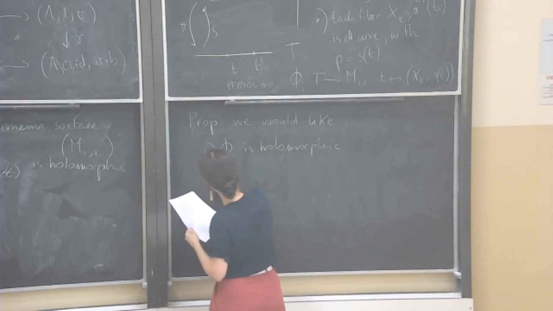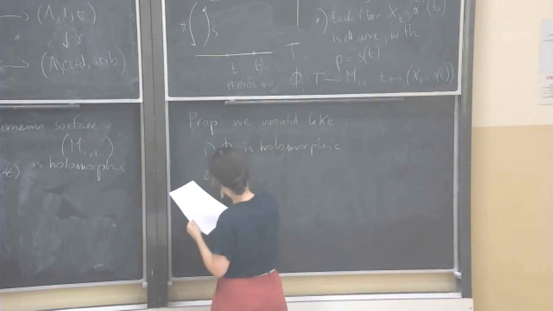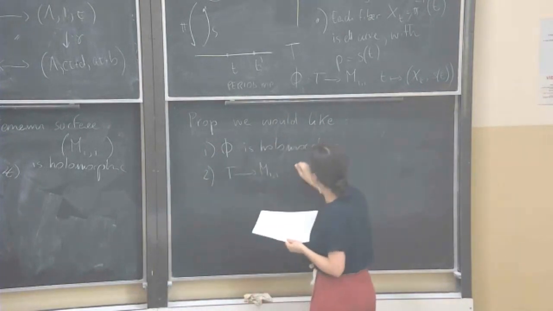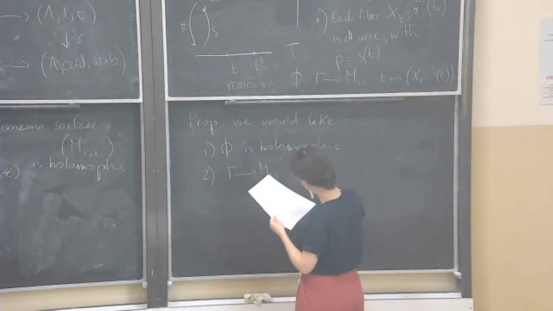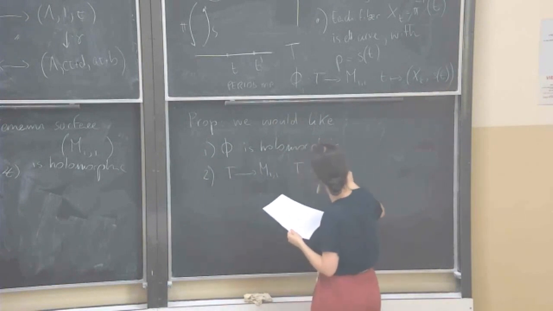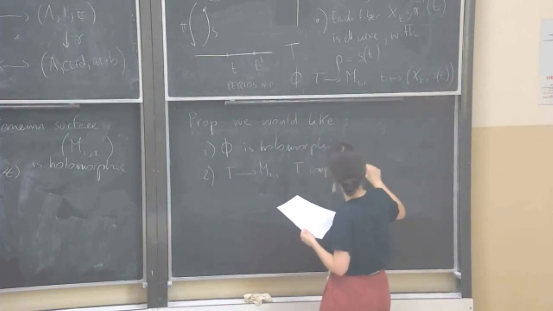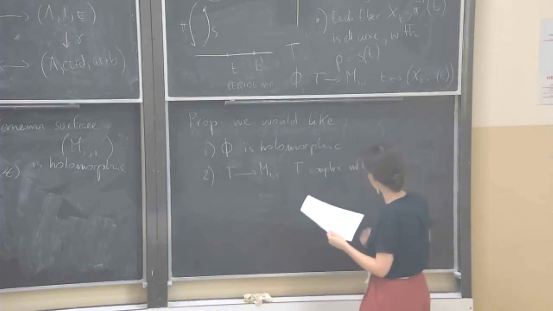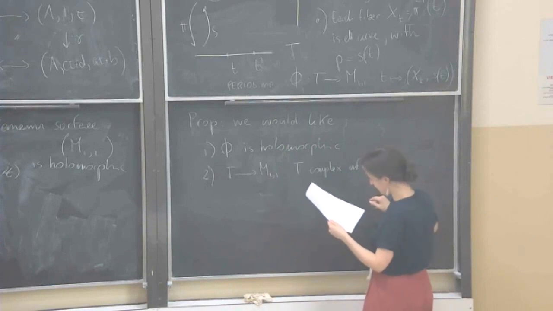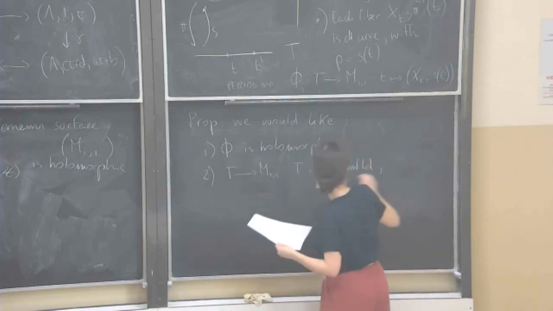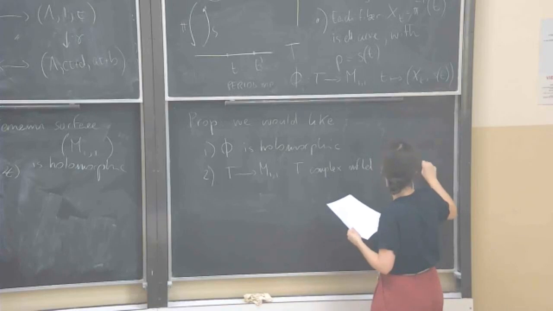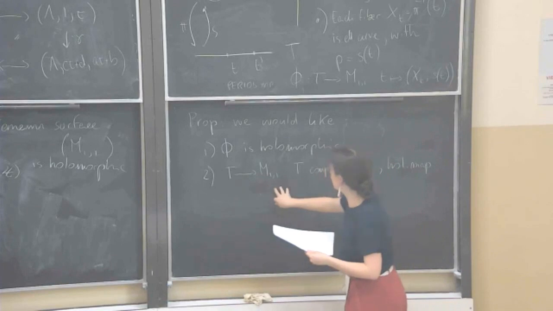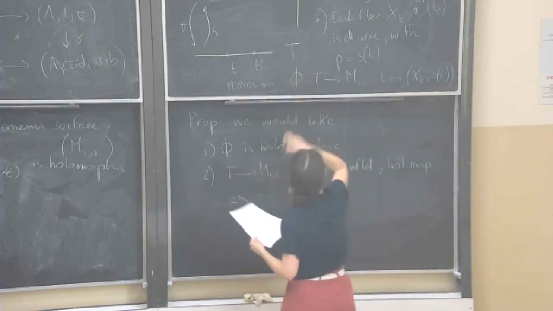Then we want that if we have a map from a space, so P is any complex manifold, and T to M1 is a holomorphic map, then we want this to be actually a family like this.